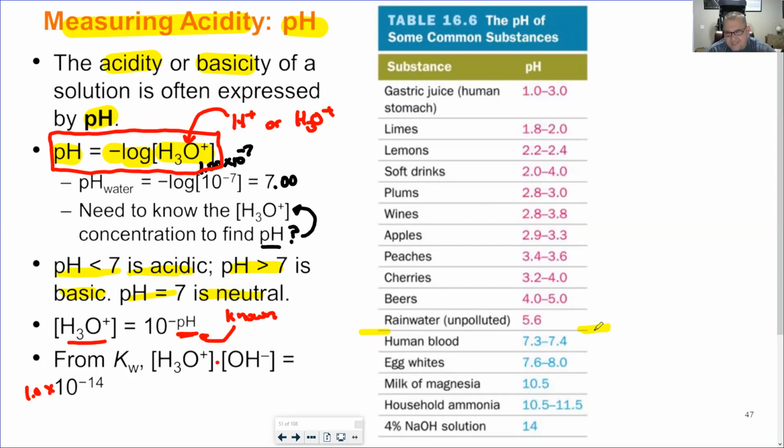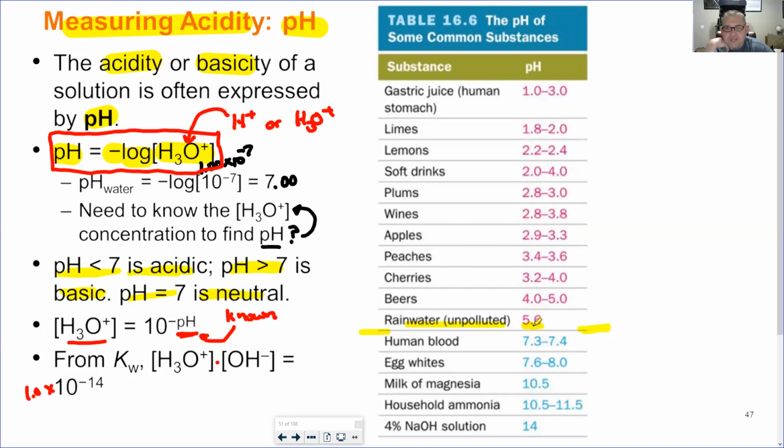There's not a lot of things that are near neutral pH. Most things are a little bit higher or lower. If we look at, for example, rainwater, you may be thinking, well, if it's unpolluted rainwater, why would it not be pH 7, the same as pure water from the lab?